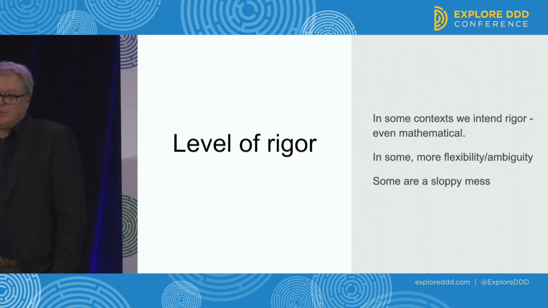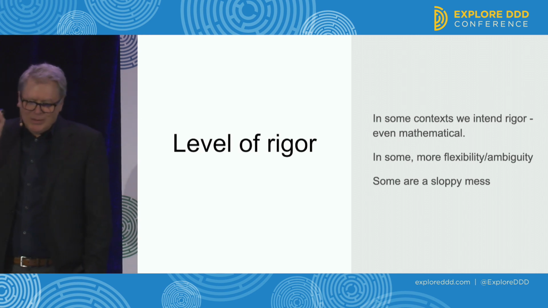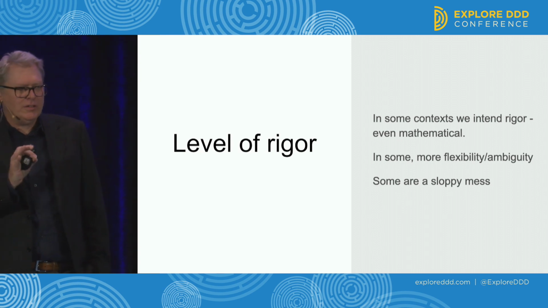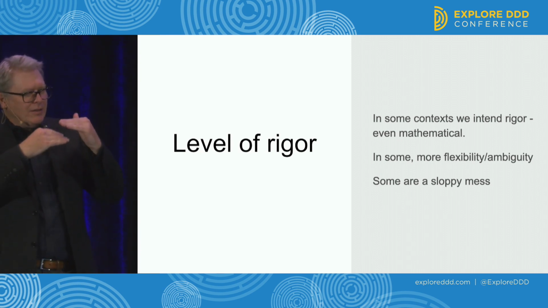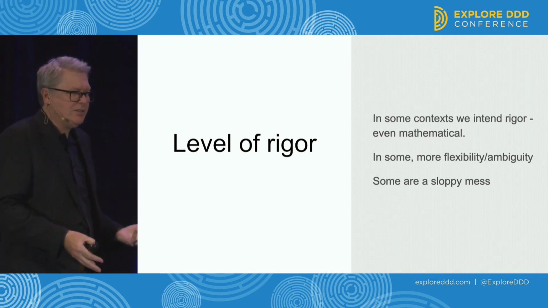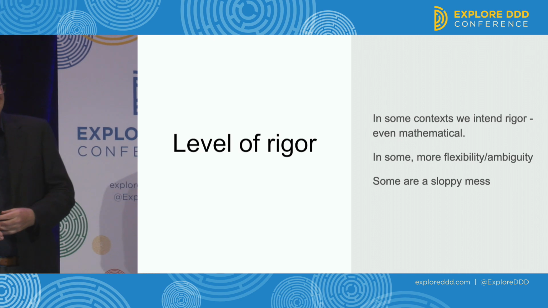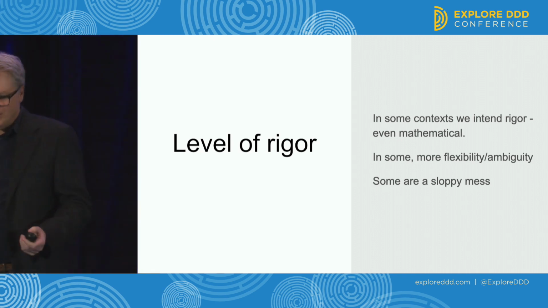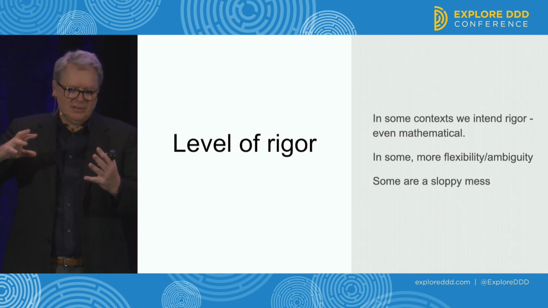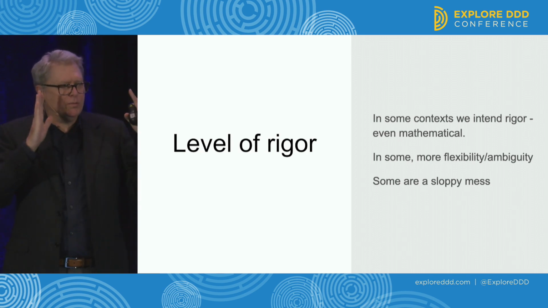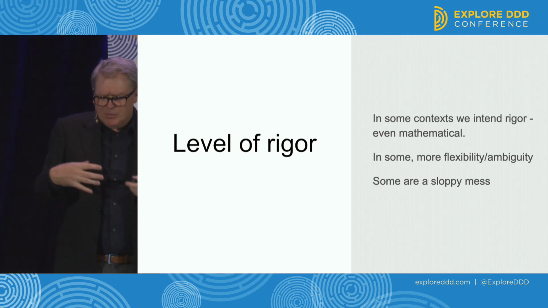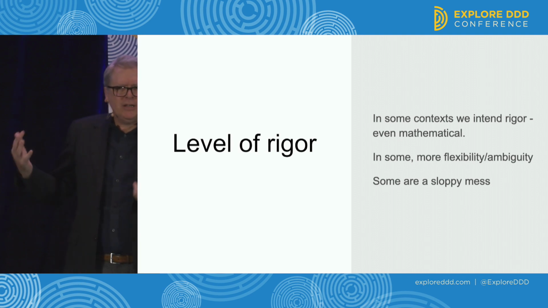I think a really nice way of characterizing a context would be the level of rigor that's expected within that context. Because I've worked on some models where things had a nearly mathematical kind of rigor. And we even used mathematical terminology, closure of operations and such. And then there are others where we're collecting a lot of data that's being turned around and transformed and used for business things that are just by their nature more flexible and ambiguous.